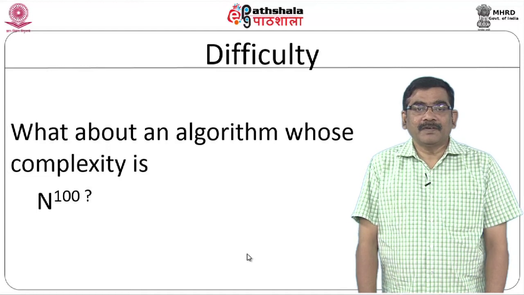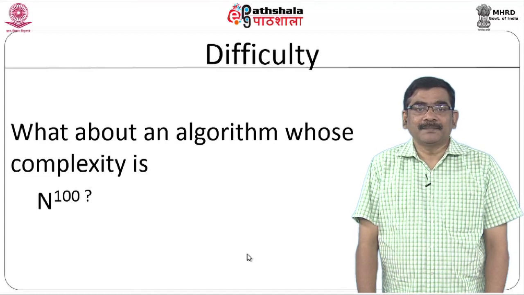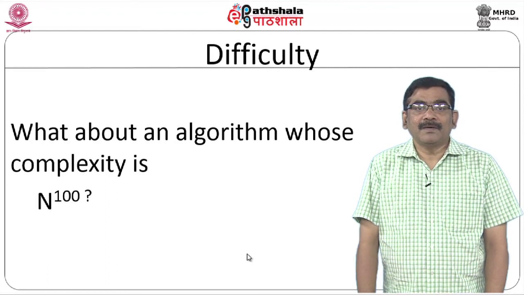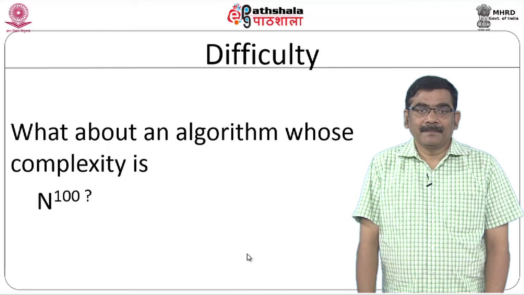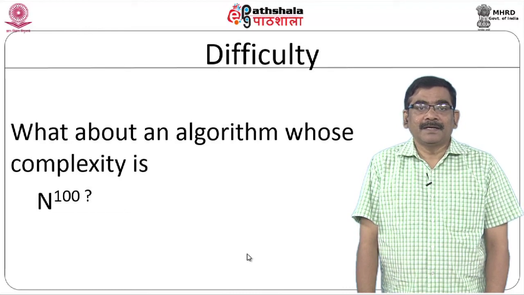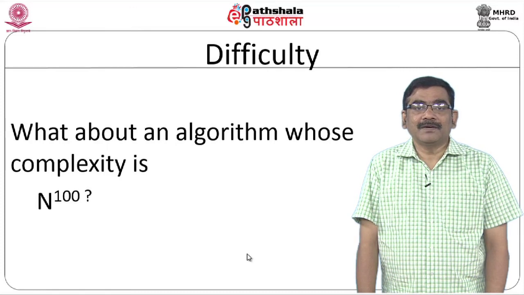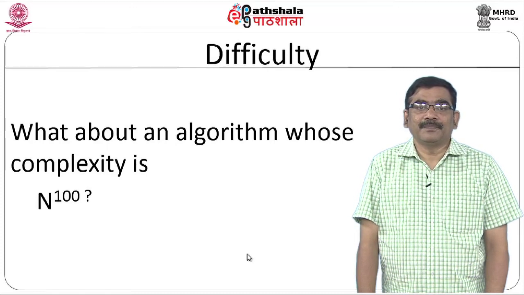But what is the justification for this strategy? Fortunately, most of the algorithms we encounter do not have a large degree. In other words, the degree of most of the polynomials we encounter does not exceed 3.